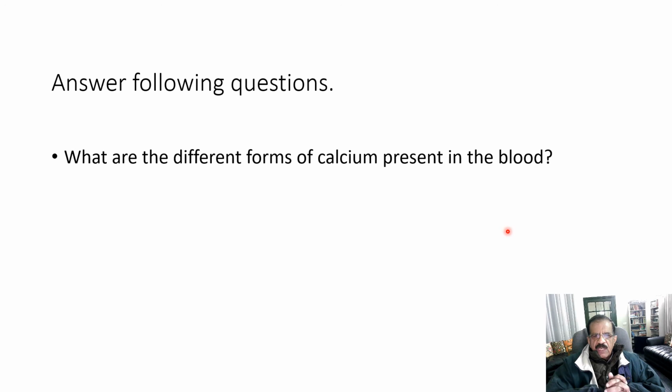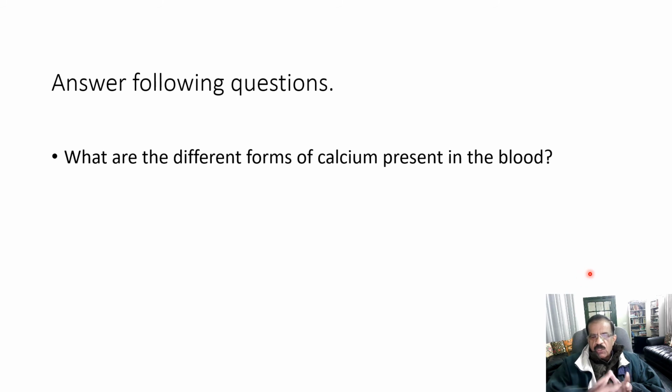That is not free, but that is in equilibrium with the free calcium. So that is available. Once free calcium is consumed, the one bound to albumin becomes available. And 15% of the total calcium available in the blood is bound to other proteins.